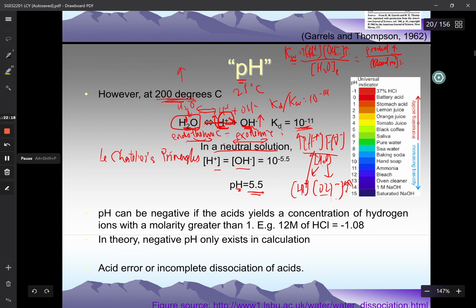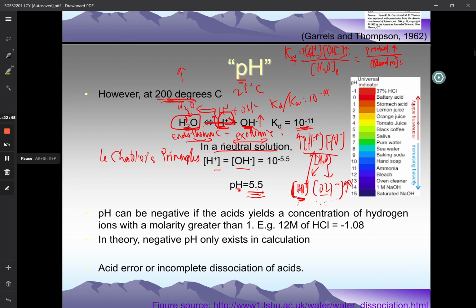So actually, when we measure the solution at a higher temperature and get a pH of 5.5, or lower than 7, it doesn't mean that it is acidic. It is actually in a neutral state at this point, because of the higher concentration of hydrogen in it.